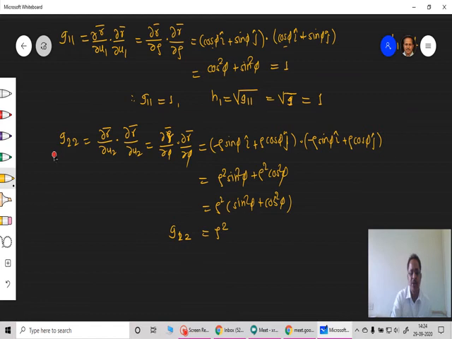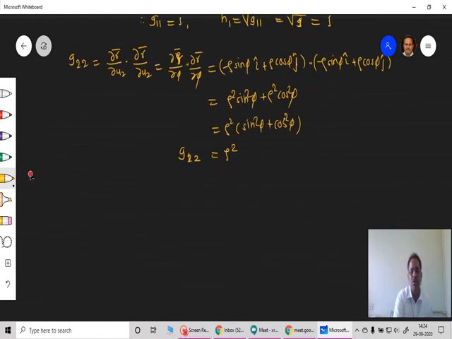And if G22 is rho square, H2 is equal to root of G22, this is root of rho square, and therefore H2 is equal to simply rho. Okay, so that's how H1 is equal to 1, H2 is obtained to be rho.